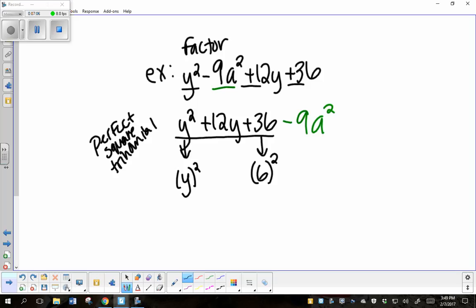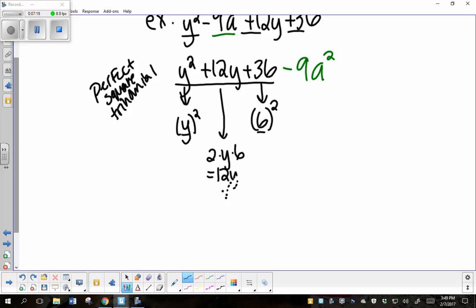So my middle term has to be 2 times y times 6. That's 12y, and that is my middle term. So I can factor it into y plus 6 squared.